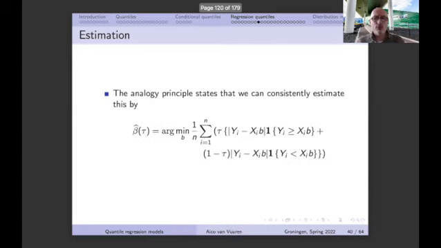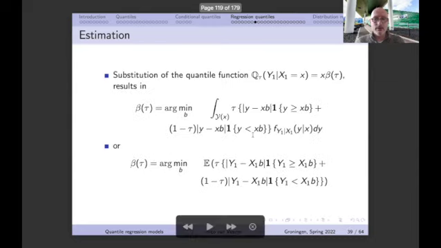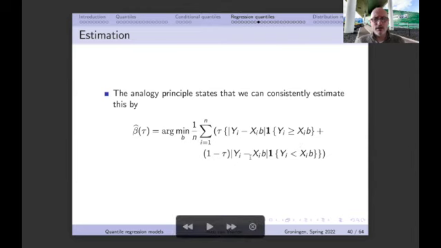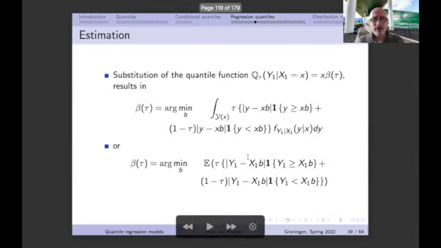That holds true for any level of b, which means that if n goes to infinity, this function over here is going to converge in probability to that function over there. So essentially, this function over here is exactly the same function as that function over there.